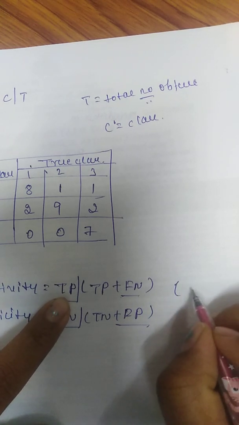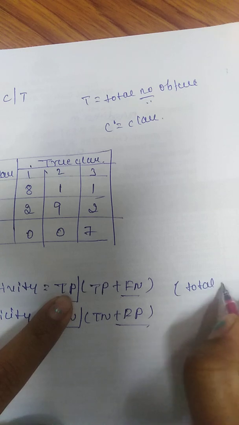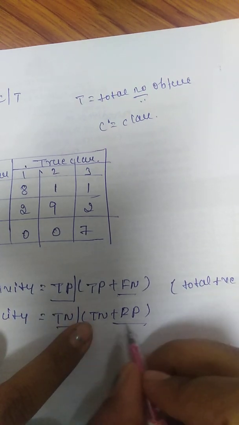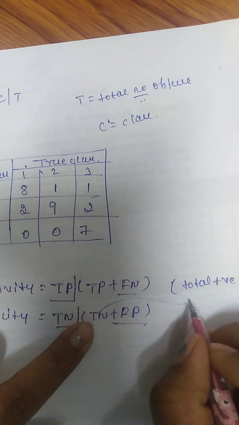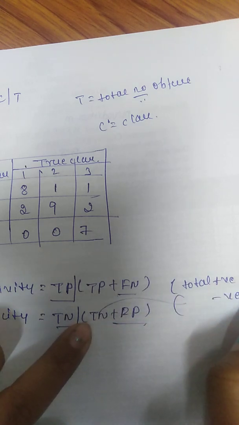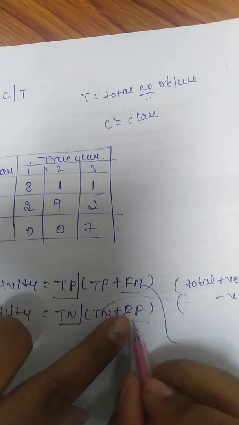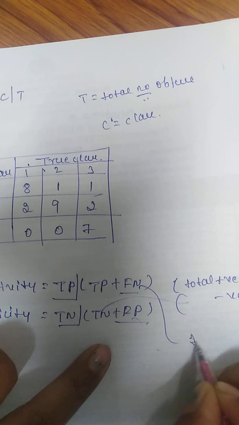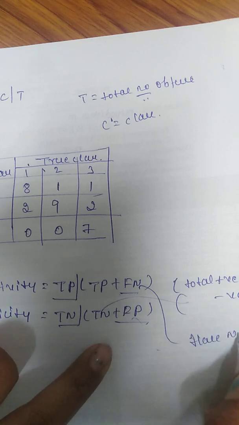TP means total positive value. TN means total negative value. FN means false negative value.